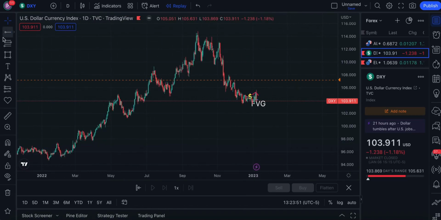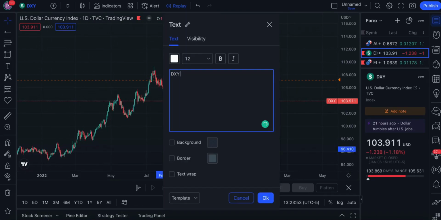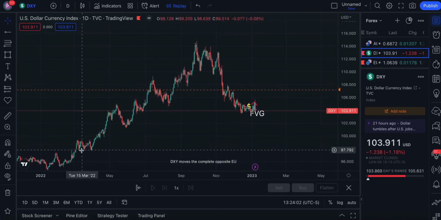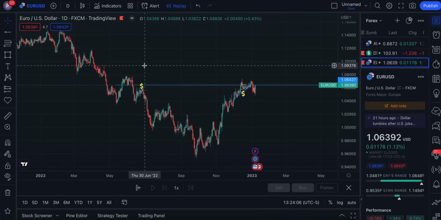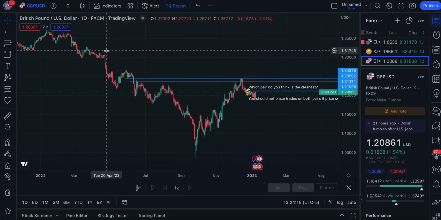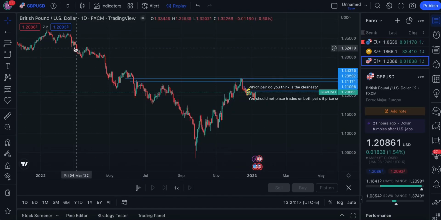Just in case you guys didn't know, DXY moves the complete opposite of EU. So as we can see, from March to September DXY has been bullish, and EU, March to September, has been bearish. GU should do the exact same: March till September, we've been bearish.